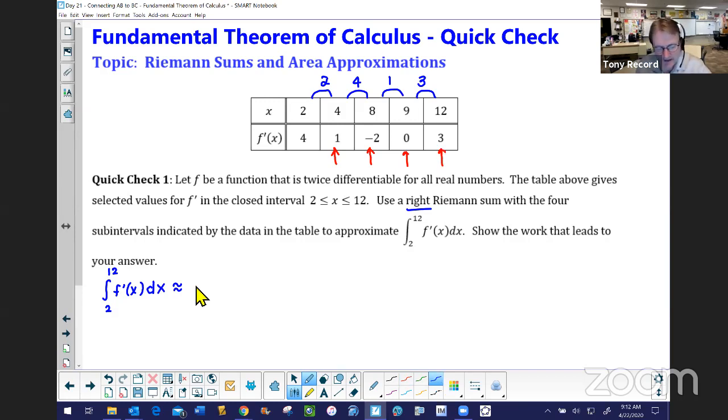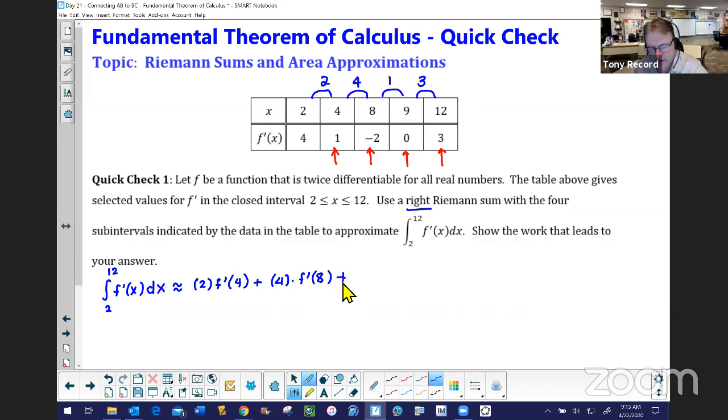So our first rectangle would have a width of 2 and a height that we could define as F prime of 4. All right, and we'll talk about various ways that you can enter this problem in a moment. And then we would add to that our next rectangle, which would have a width of 4 and a height that is defined by F prime of 8.